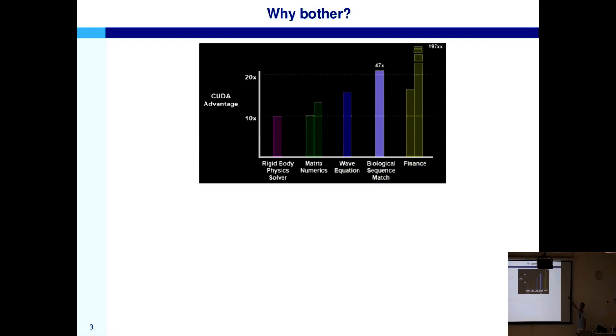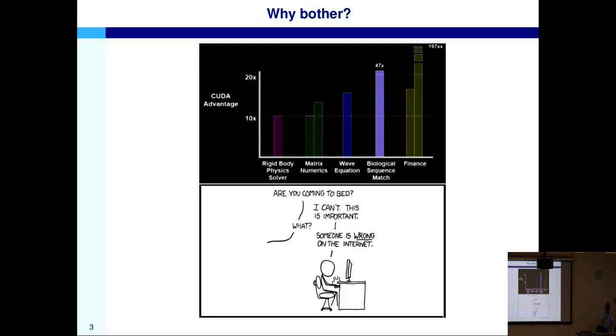And then finance goes all the way to 197x. So this is straight out of the box performance, apparently. If you see things like that, then people ask PETSc maintainers, well, apparently I want a 197x speedup because I'm doing applications in finance, but I can't get that with PETSc. So what is PETSc doing wrong? Then we have a hard time explaining things.